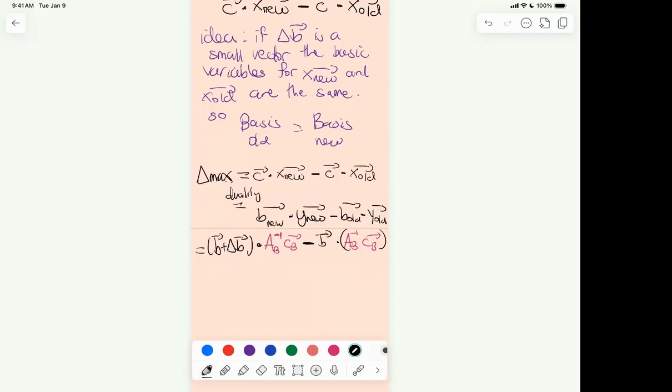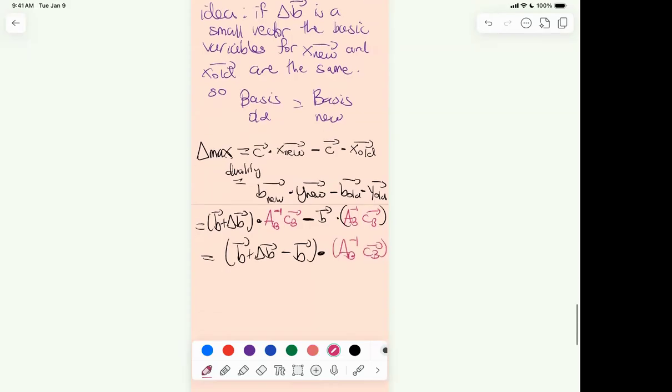So the cool thing here is that because of this specific perturbation, these two vectors are the same. Nothing changed here, which is kind of crazy. And so you can factor it. And so what do you get?